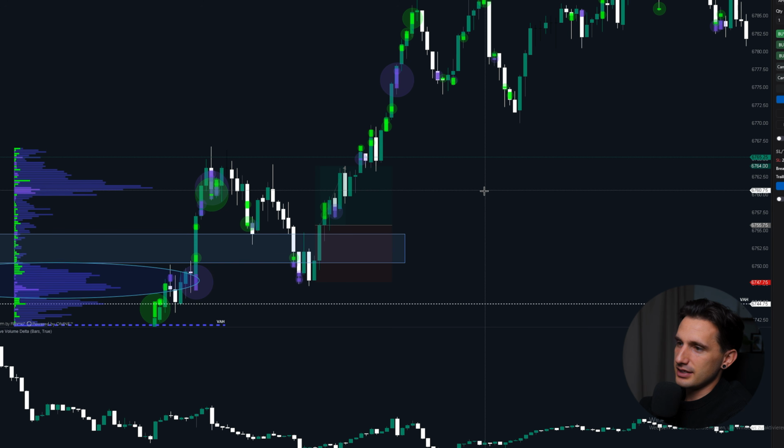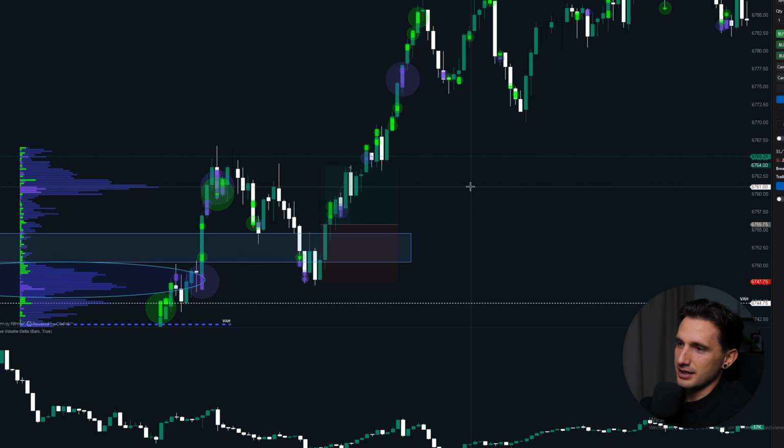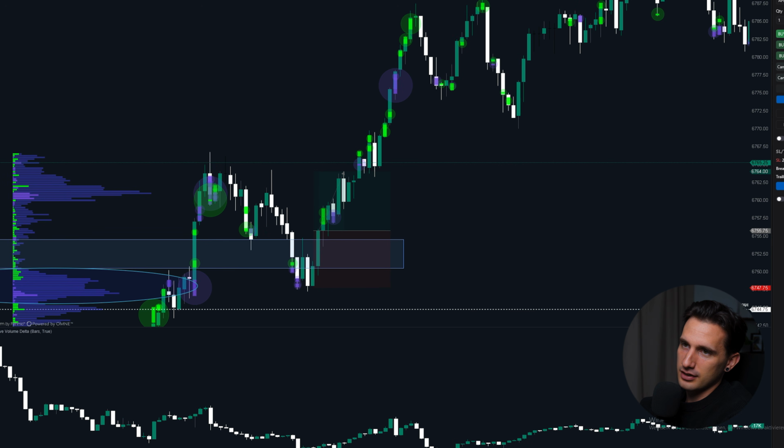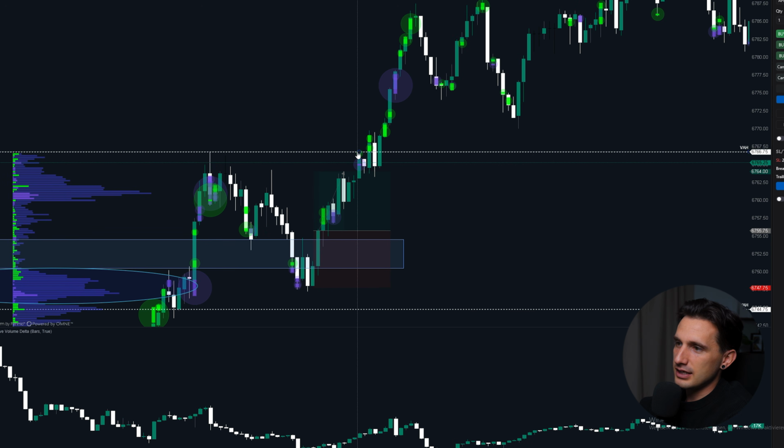But what you can see right here is extremely good, guys, because now you can trail your stop loss, right? So you can see here buyers stepping in, buyers stepping in, buyers stepping in, and the market just shoots up and shoots up, right? So now you can put your stop loss underneath this whole buying cluster right here.